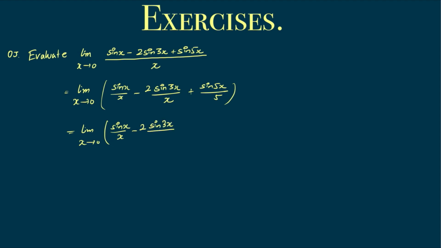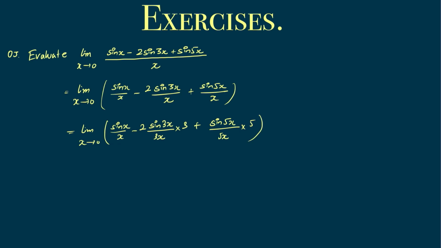So if you have noticed here the angle is 3x here, so I will write 3x only, but in order to balance I will multiply with 3, plus similarly here also I will do sine 5x by 5x. Sorry, here earlier I have written 5, it's actually x. So here also in order to balance I will write 5.